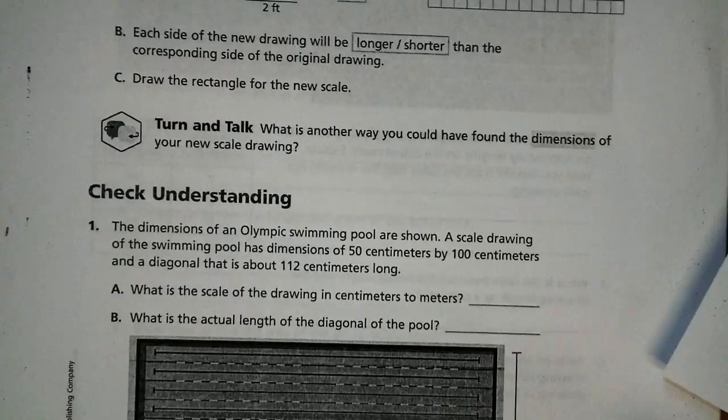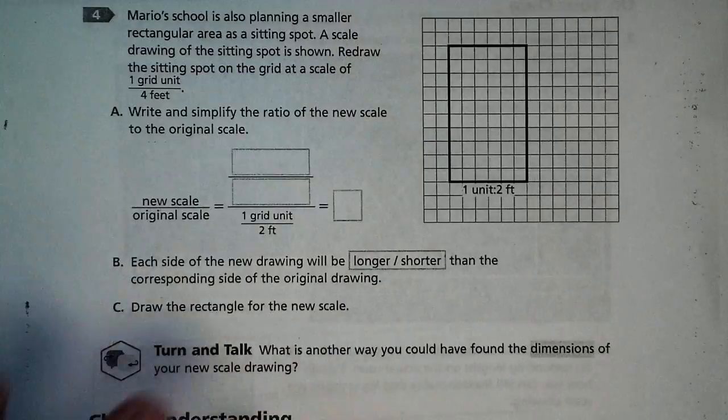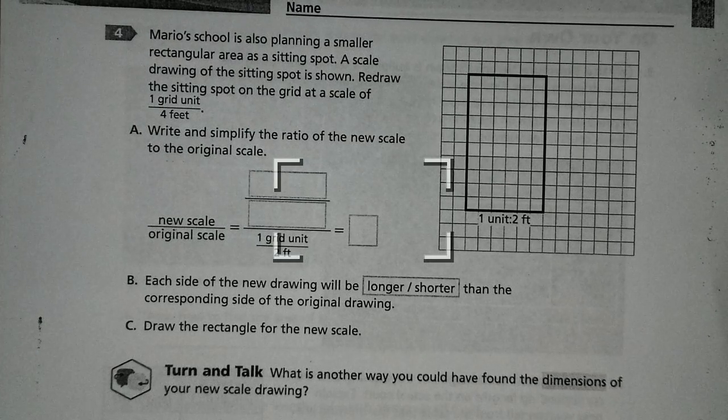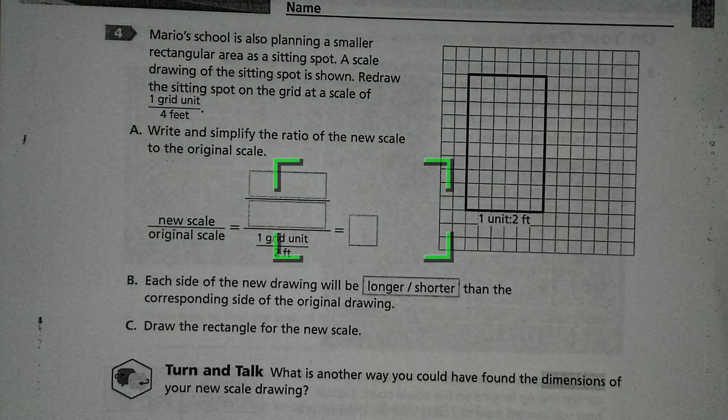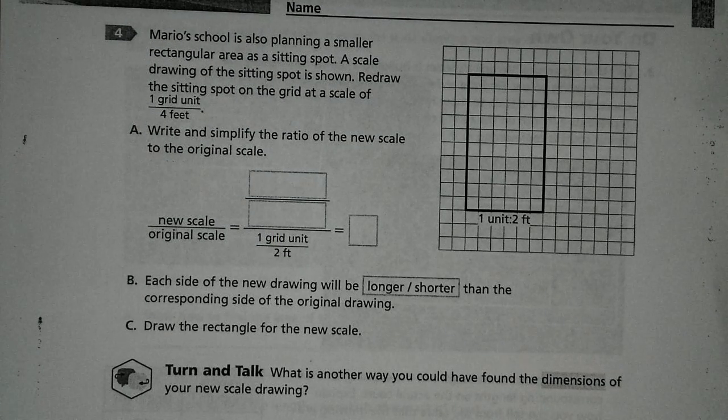All right, so number 4. Mario's school is also planning a smaller rectangular area as a sitting spot. A scale drawing of the sitting spot is shown. Redraw the sitting spot on the grid at a scale of 1 to 4.